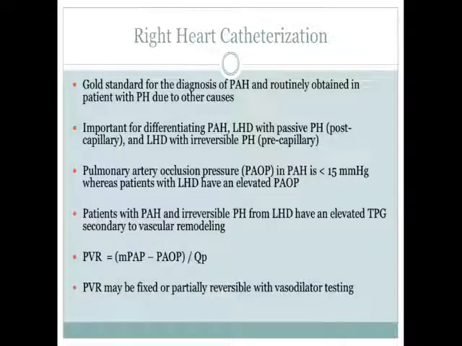I think the normal PVR is around 1 Wood unit, and so they define low as less than 3. And they have a normal transpulmonary gradient. Whereas patients that have started to develop a mixed picture might have an increased PVR, or greater than 3 Wood units, and they will also have an elevated transpulmonary gradient.